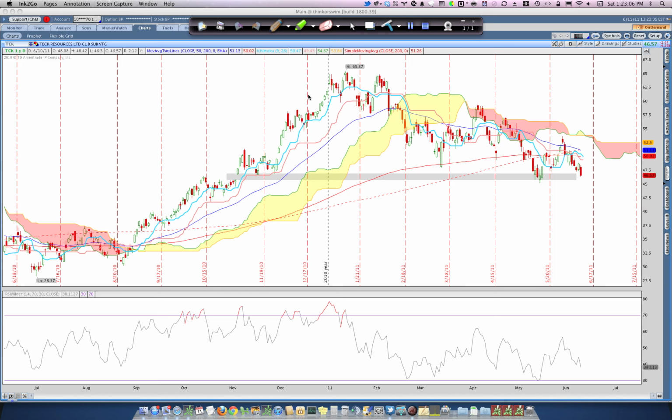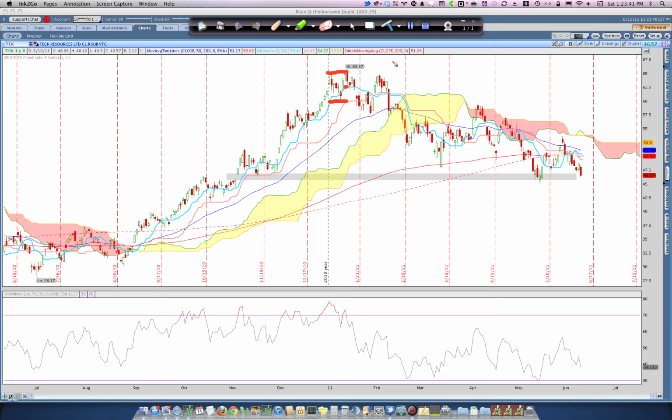The Tenkan is a 9-period line, and the Kinjun is a 26-period line, simply meaning that the point plotted here represents 9 periods back of candles, and it's the midpoint between the high and the low that is plotted there.